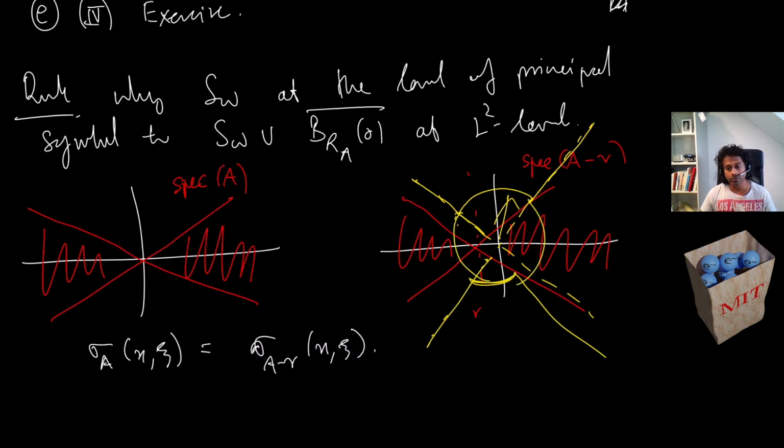And what this theorem is really saying is that the amount that things can move is at most some compact region in the complex plane. Okay, so that's a deep statement, but I just want to give an indication as to how this is proved, how we go from knowing information at the principal symbol level to knowing things at the level of L2, right? But I won't say more than that.